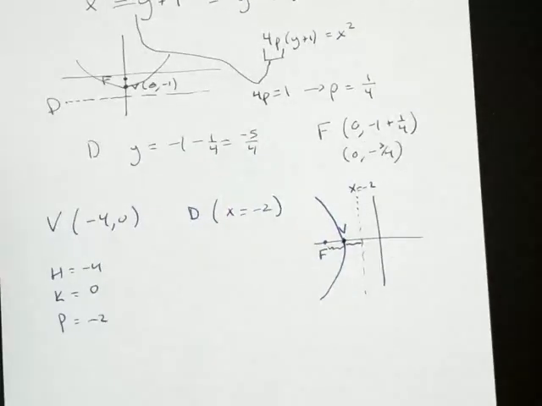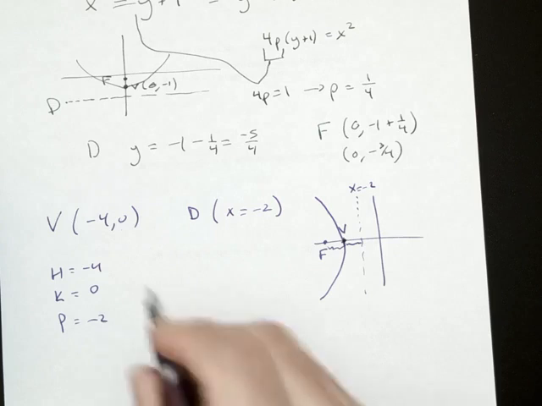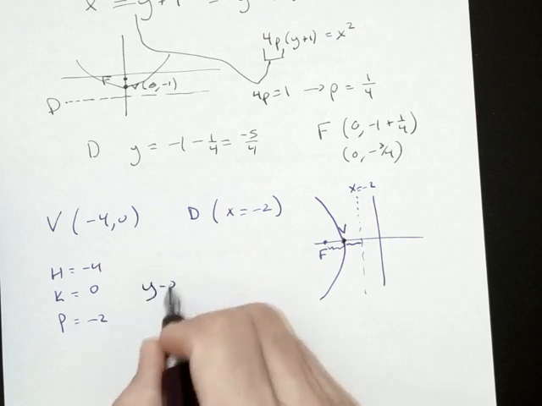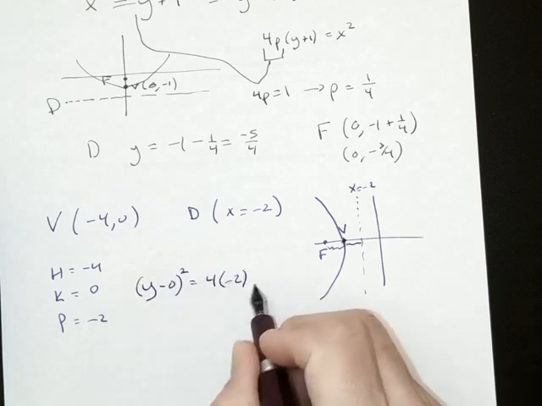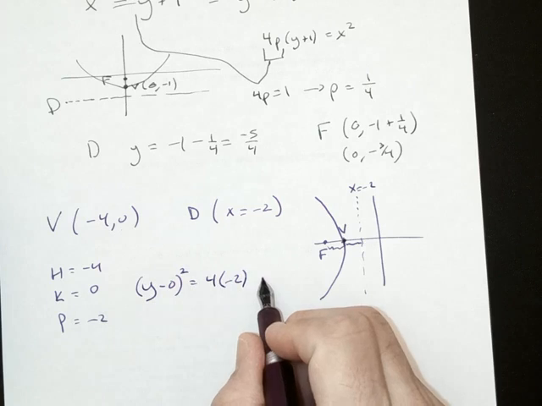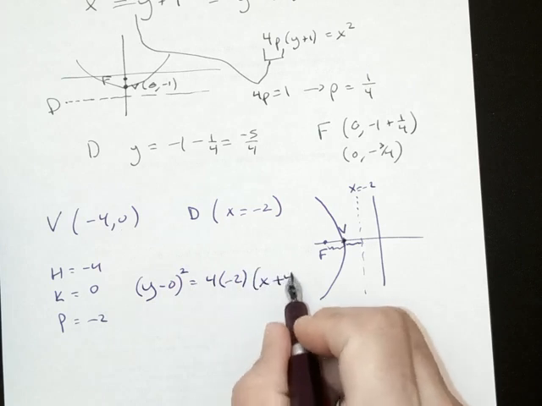Which means you can give me the equation from this information. Because we know the equation goes y minus k squared equals 4p times x minus h.